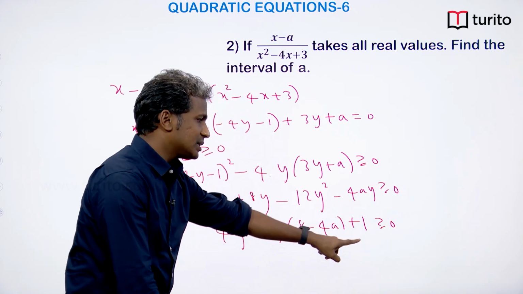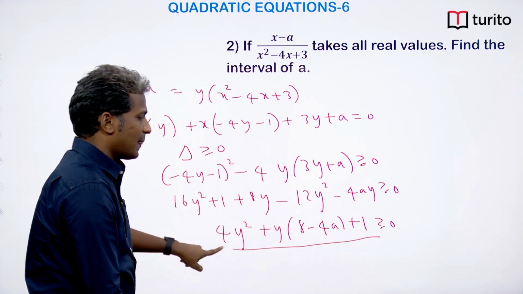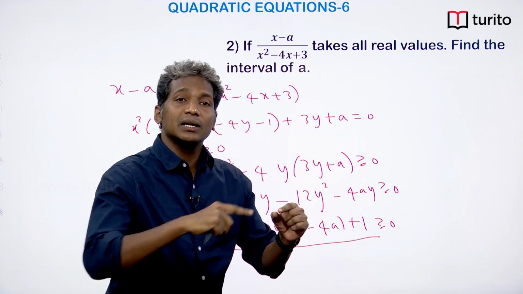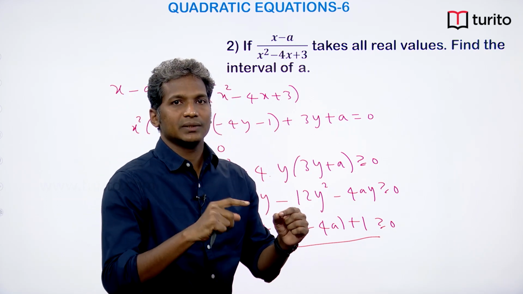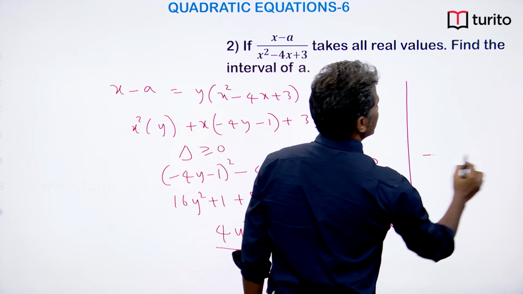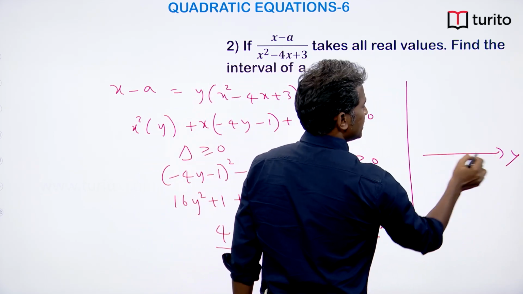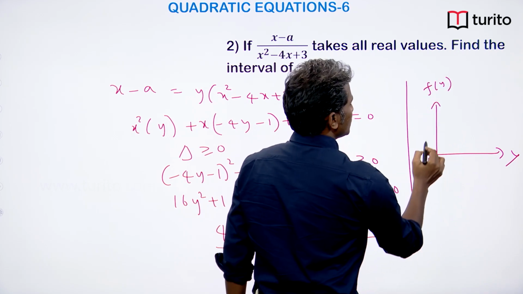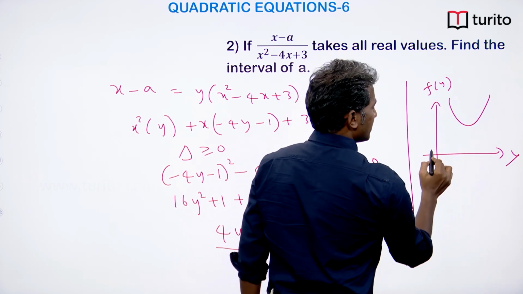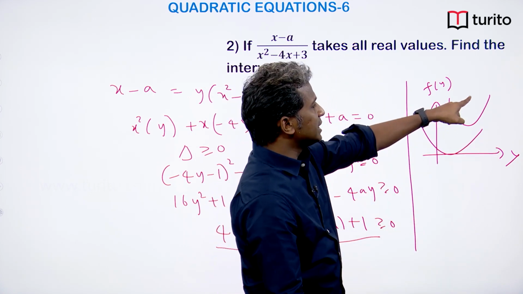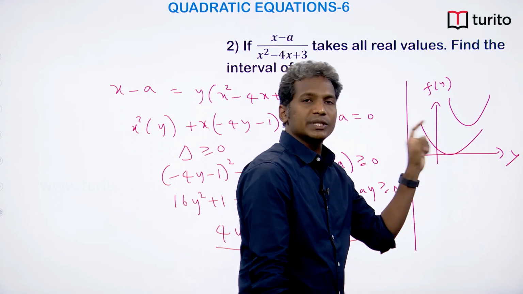So that means this quadratic expression, if we draw the graph, must be lying completely above the x-axis. For example, let us say there is y here, which is the input, and this is the output, which is f of y. The graph must be of either this shape or this shape, where the discriminant is negative here and the discriminant is equal to 0 here.